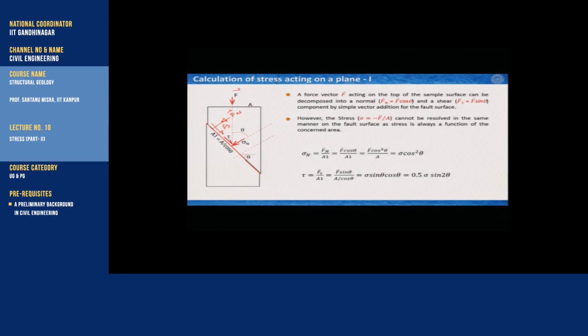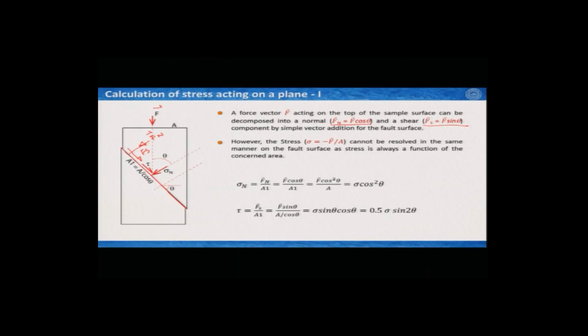Now, this would be a simple vector operation. So, Fn would be F cos theta and Fs would be F sin theta. So, this is how we can calculate the forces acting on this plane. One is normal component, another is shear component.